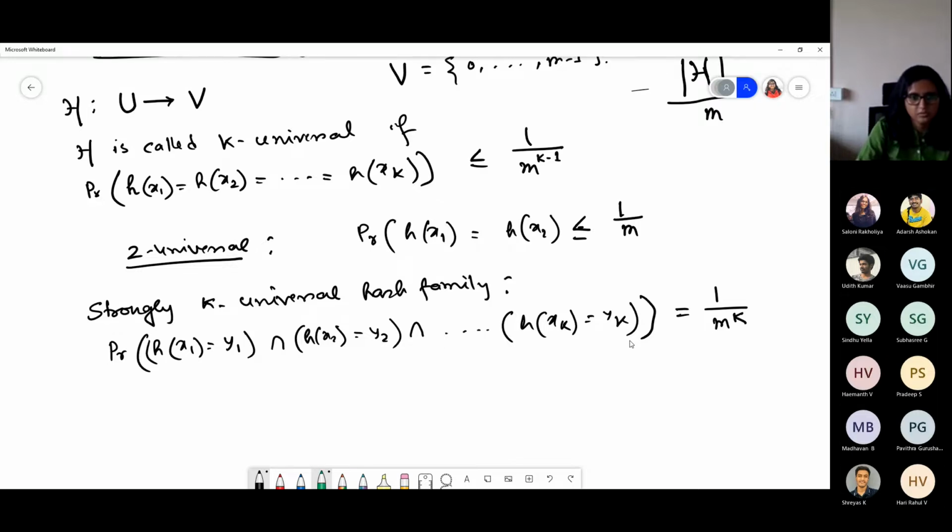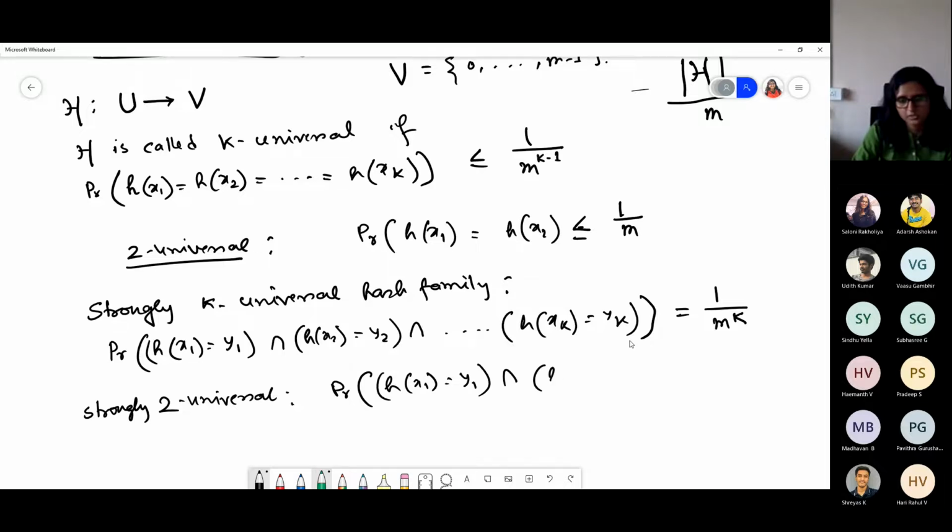Okay. So similarly, for strongly 2 universal, what will happen? The probability of h of x1 equals y1 intersection h of x2 equals y2 will be equal to 1 by n square.